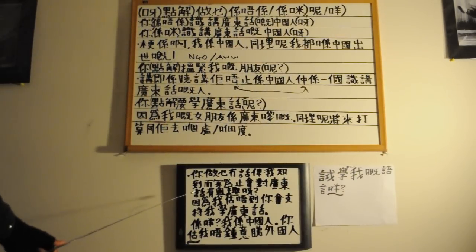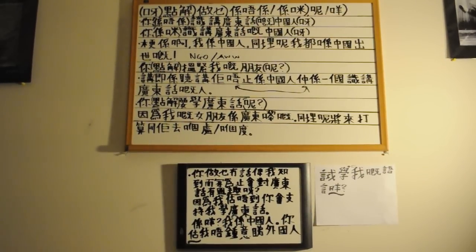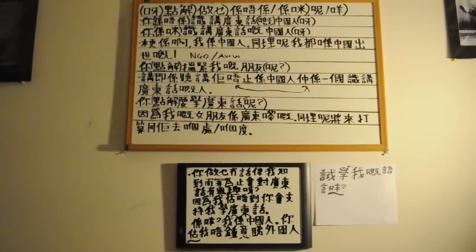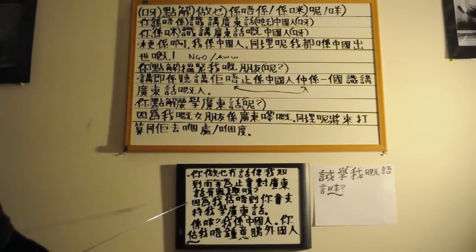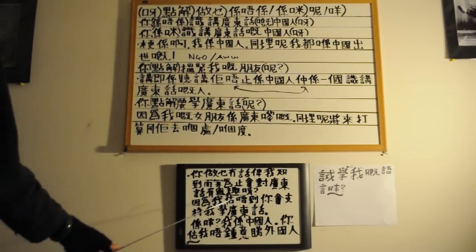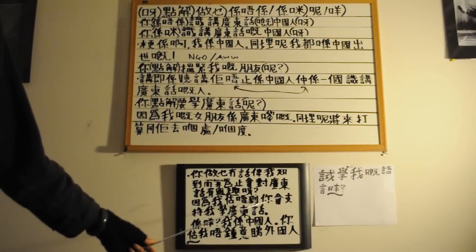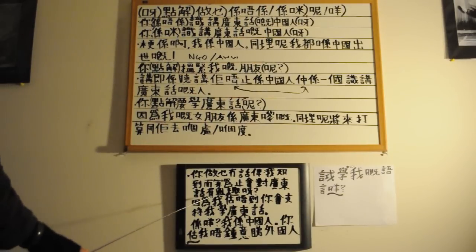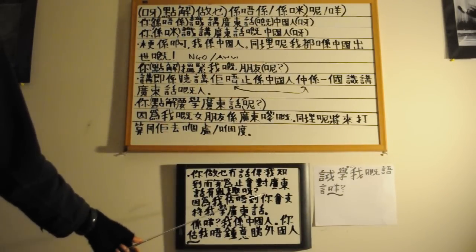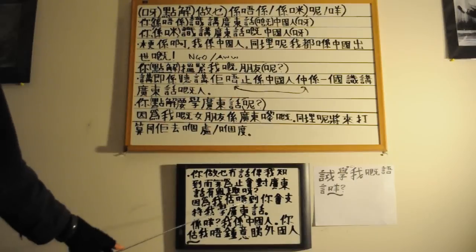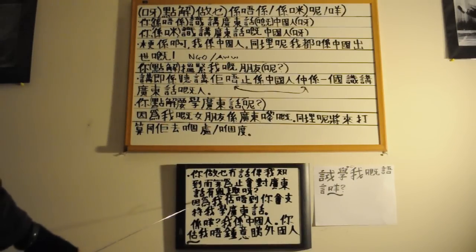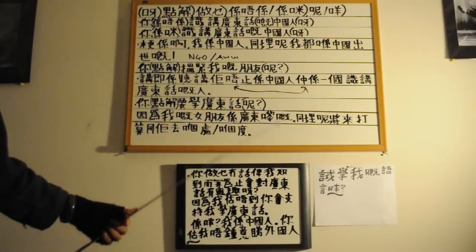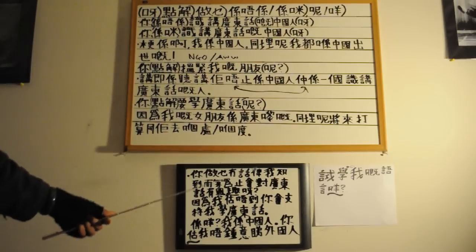Okay, so what's our response here? Our response, Yang Wei: 我估唔到你會支持我學廣東話，因為我估唔到你會支持我學廣東話。 So 因為 means because. 我估唔到 means I didn't think, I didn't realize, or let's just say I didn't think.